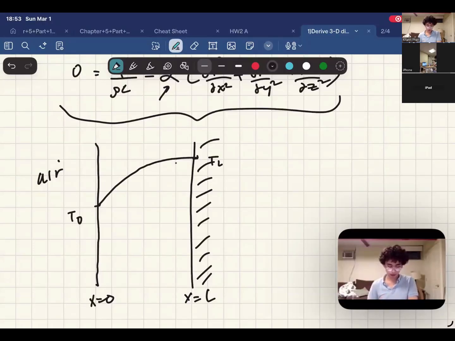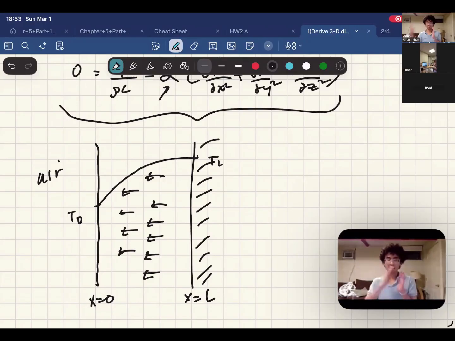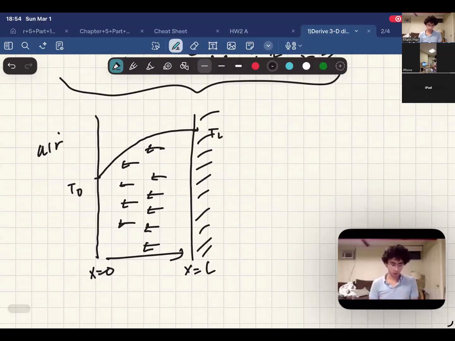This is because there's no heat flow generated from the insulated side. So when it goes towards the end, there would be more heat flow from all the area that generated heat. That accumulates from further away. So the greater the distance away from the insulated side, the more heat is generated, which is why the flux at the air side would be greater than the flux near the insulated side.